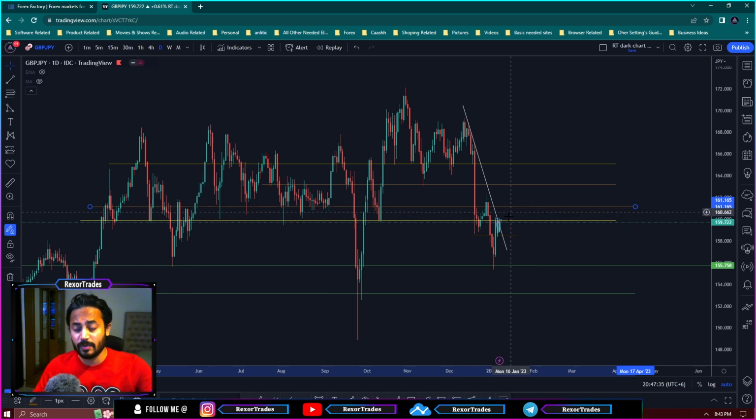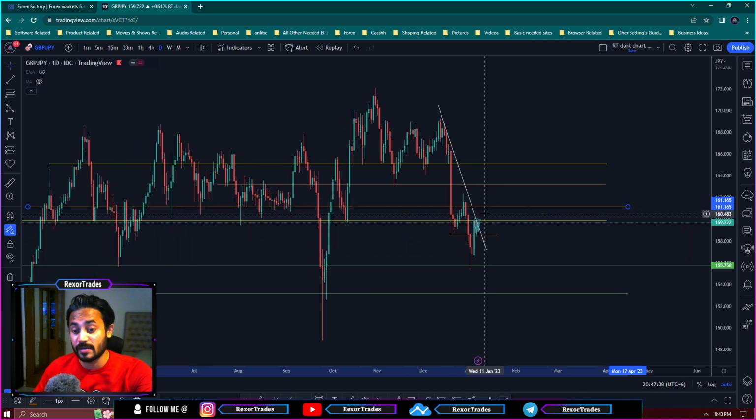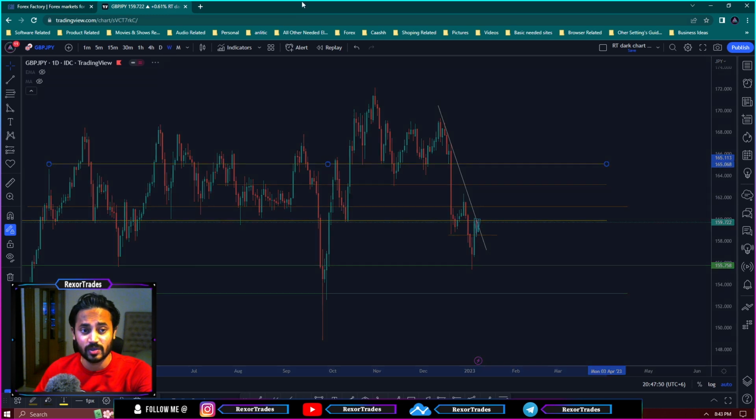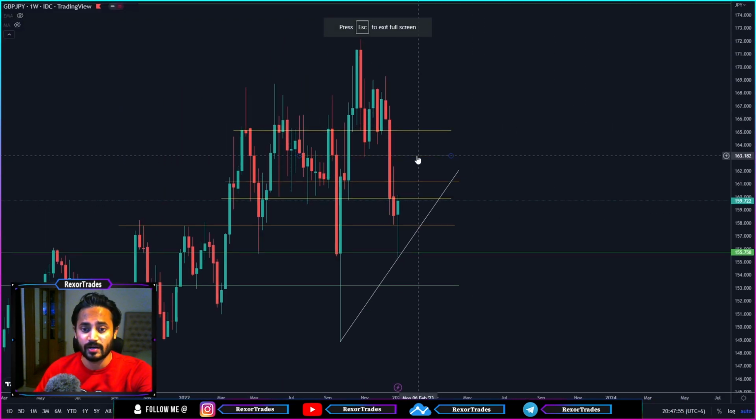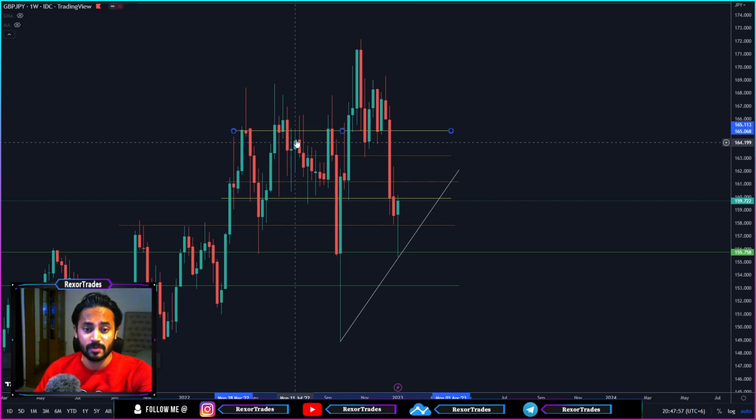And if GBPJPY even makes a break and close above that key level with further bullish momentum, then that would be a proper breakout of this downtrend line over here, and that might lead GBPJPY to come all the way retest this next key level or all the way towards this next key zone, which you see on this weekly time frame as well. Right around here and right around here has multiple major retest points, correcting this bearish engulfing move, strong move over here, riding this clean candle over here.